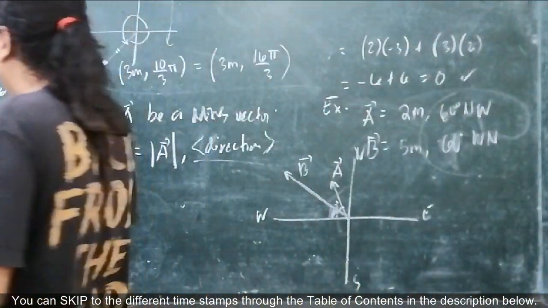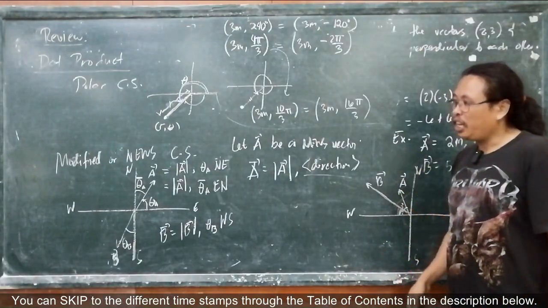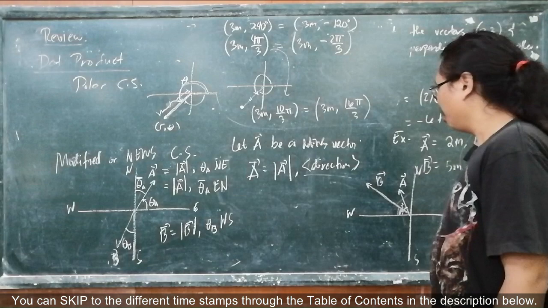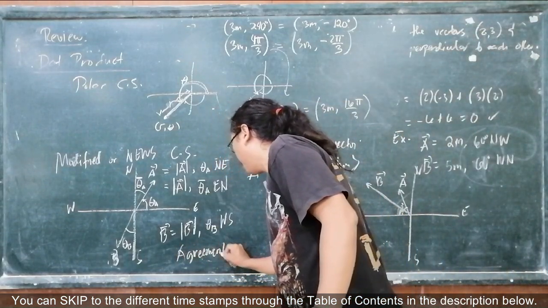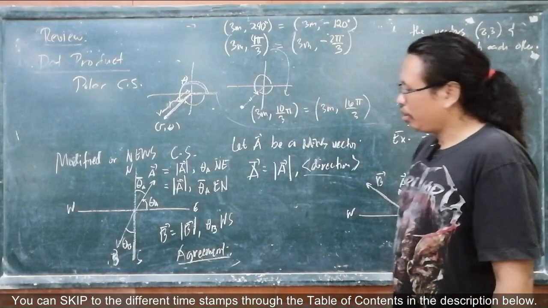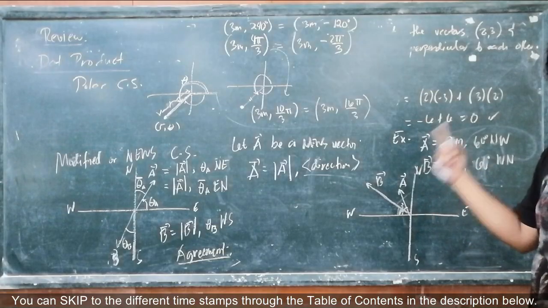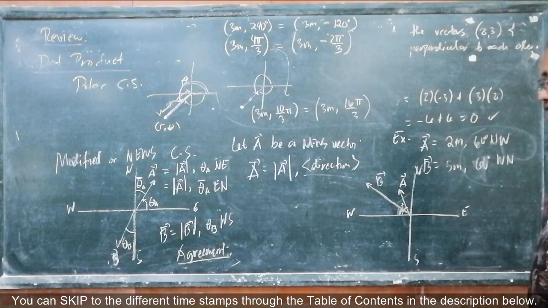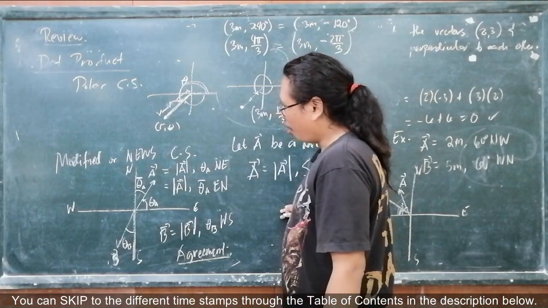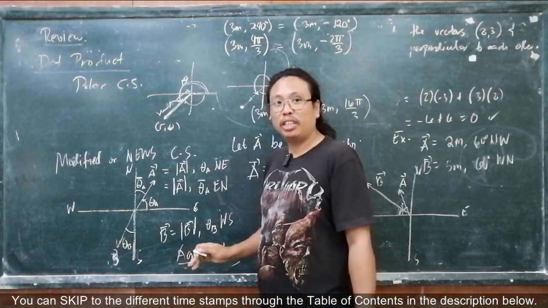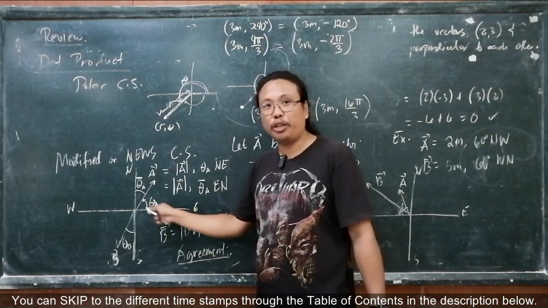By the way, so as not to confuse, we can have an agreement for this course. I will name the vectors only such that the rotation is from the x-axis. Okay? So this is an agreement. We are going to name the vectors only such that the rotation is from either of the two x-axes, the positive or the negative.